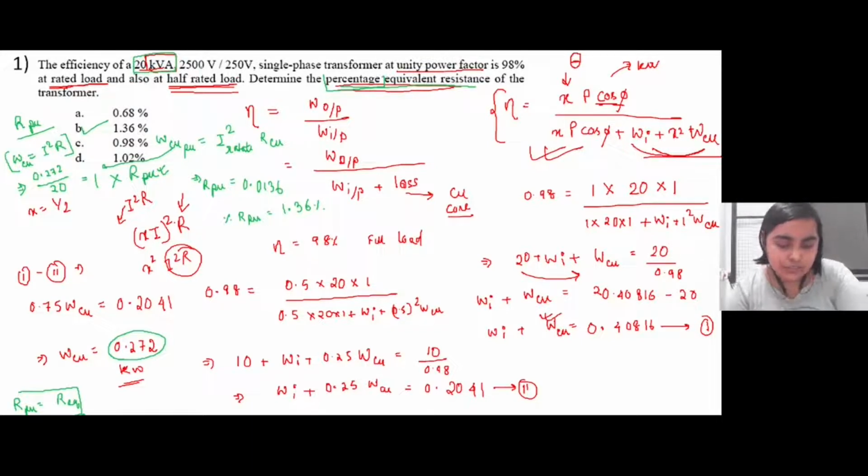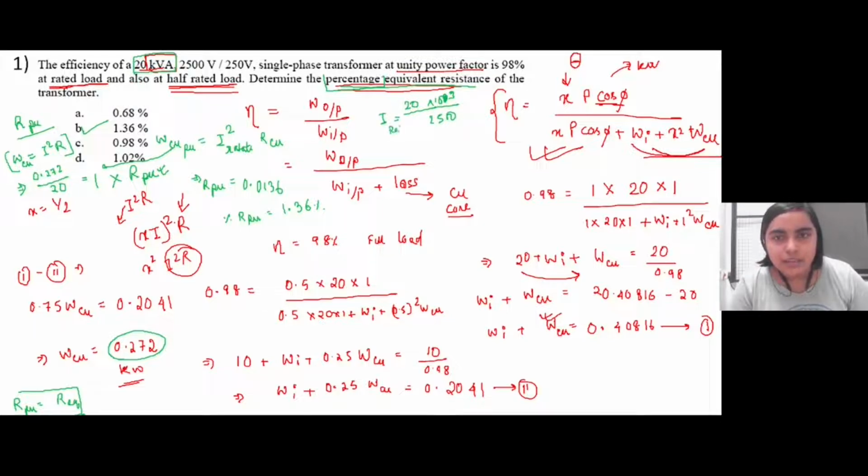Yes. How did we take that I as 1, ma'am? So whatever the rated load, when we calculate the current here, it will be 20 divided by, if we calculate the equivalent on the high voltage side, suppose 20 kilovolt, sorry, 10 cube by 2500, it will come out to be some I value.